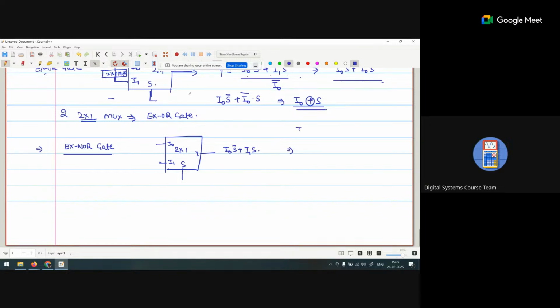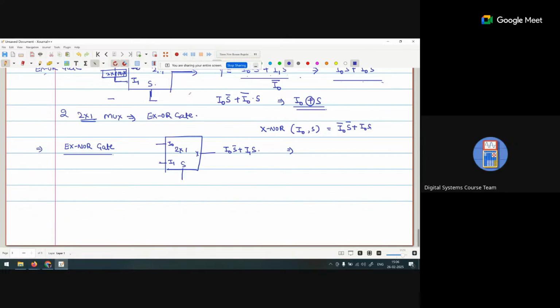If I naught and S are the inputs of the XNOR gate, what is the equation? I naught bar S bar plus I naught S.